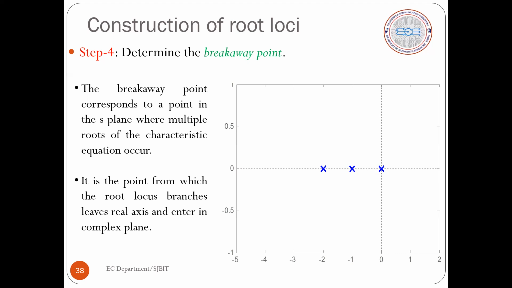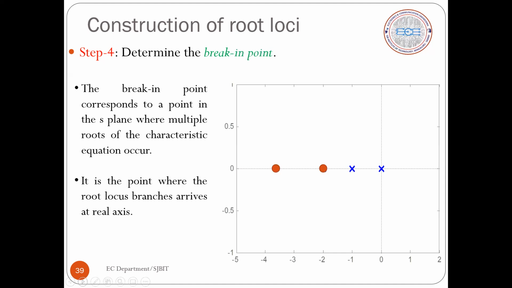Okay. Similarly, if you are having two zeros in the plot, and if you find root locus exists between these two zeros, then we say that a break-in point does exist in this section.